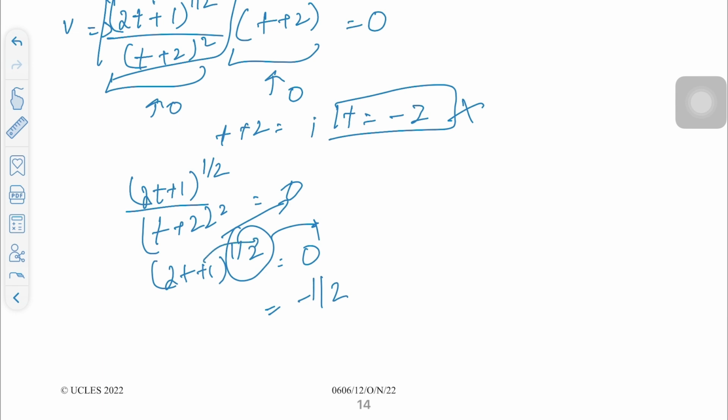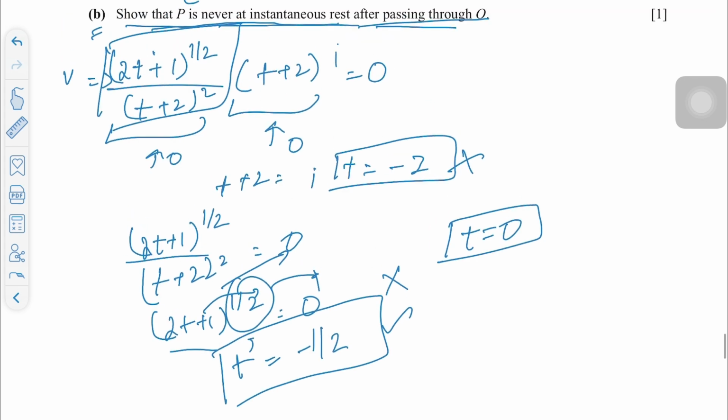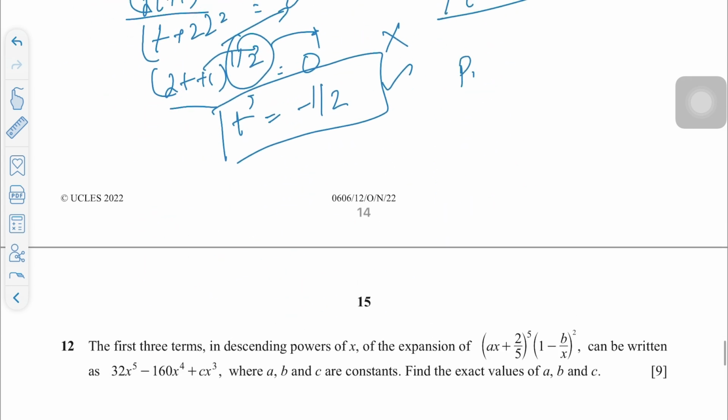This minus 1 will go over there, and this 2 would be divided, so we have t as negative 1 over 2, and this can't be possible because t can't be negative. So P is never at instantaneous rest after passing through O, which is when t equals 0, right? We have proved it.